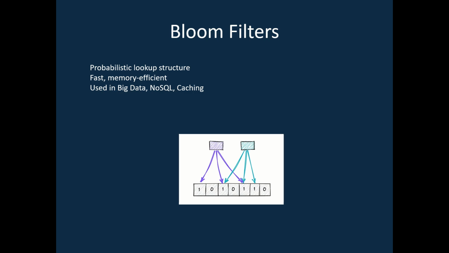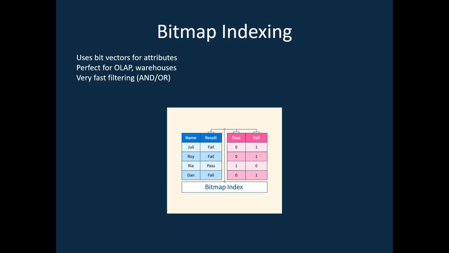And next is bitmap indexing. So what does a bitmap index do? A bitmap index represents each distinct value of an attribute as a bitmap, a long array of bits, where the bit is set to 1 for rows containing the value, otherwise 0.